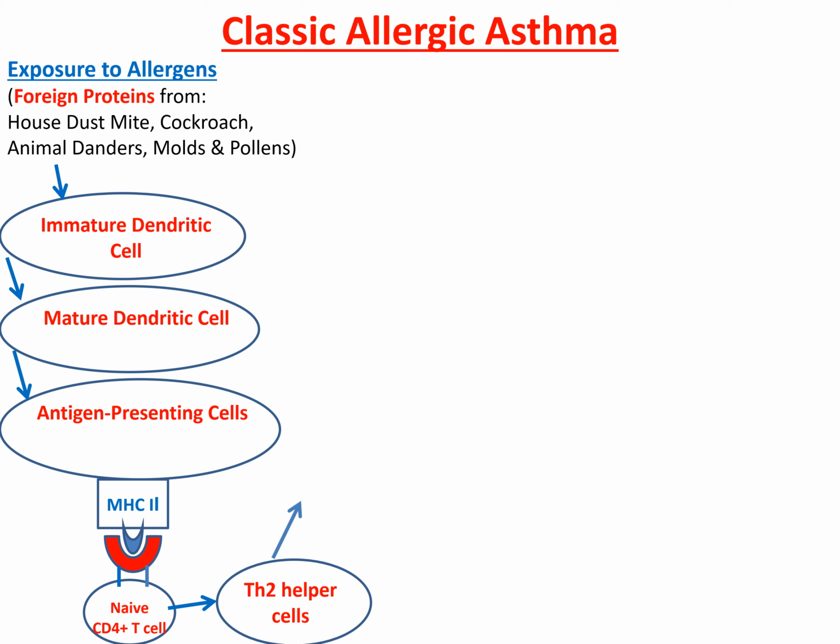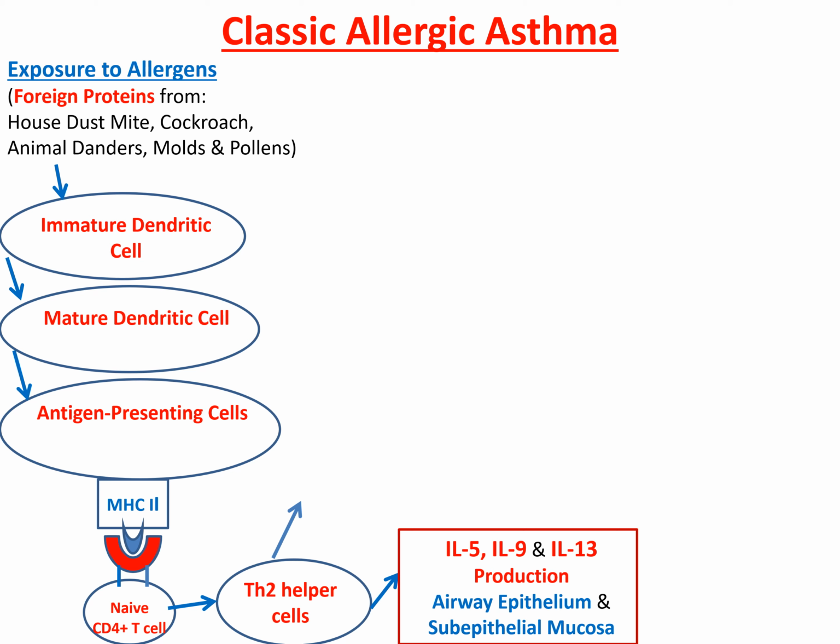And the helper cells type 2 will be producing two actions. One of them is releasing interleukin 5, 9, and 13.